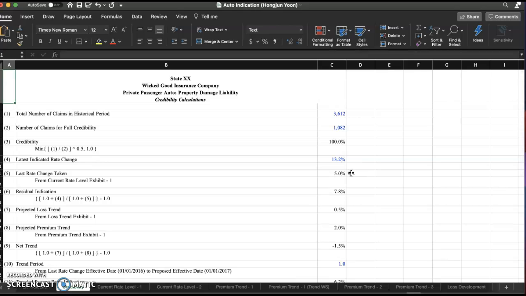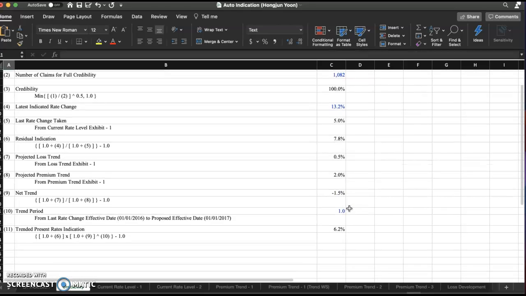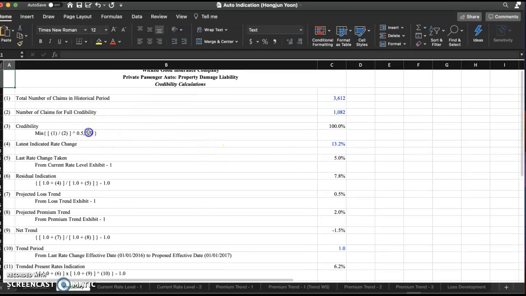For credibility, trended present rates indication is calculated using the residual age indication, net trend, and trend period. The credibility derives the credibility measure and complement of credibility to be applied to the experience period indicated rate change using the classical credibility approach and the square root rule.